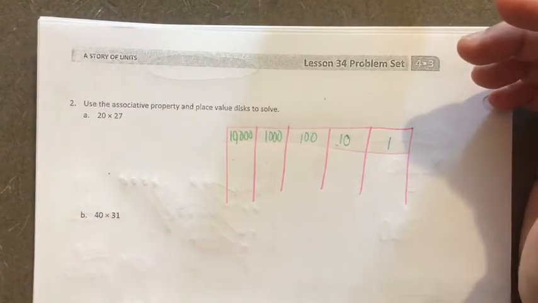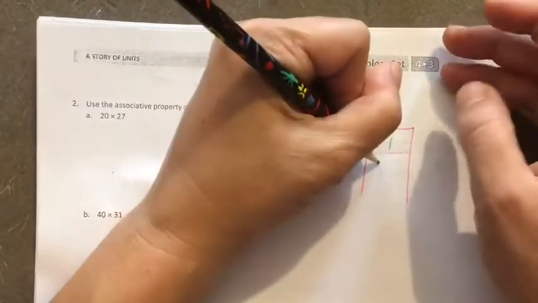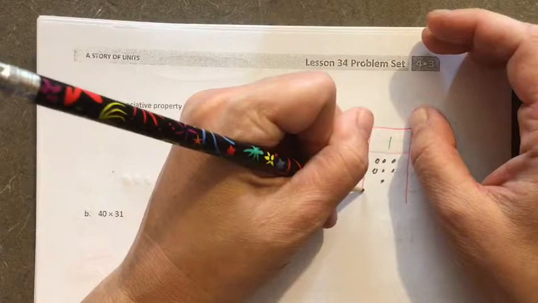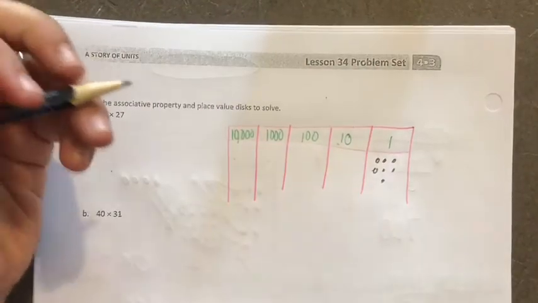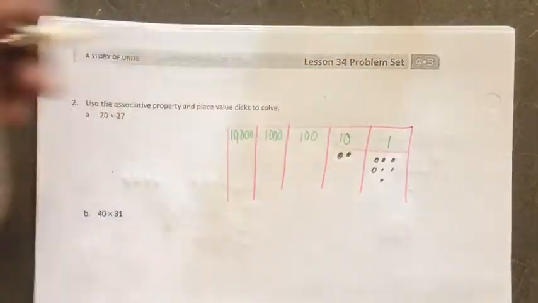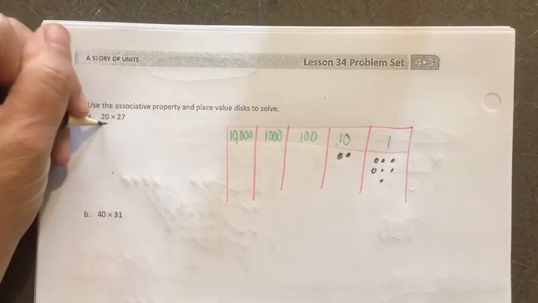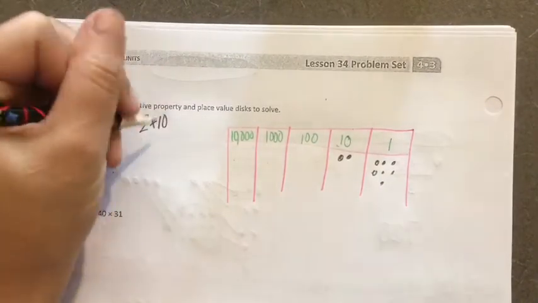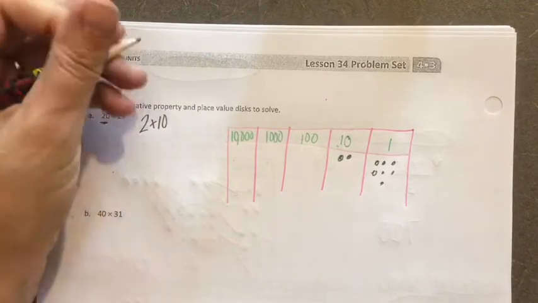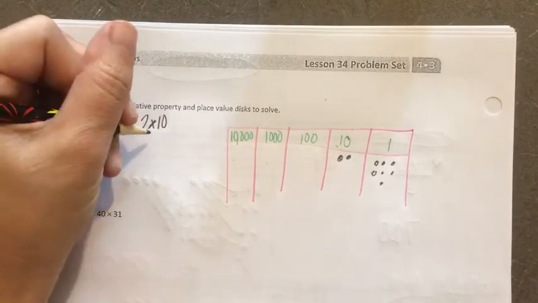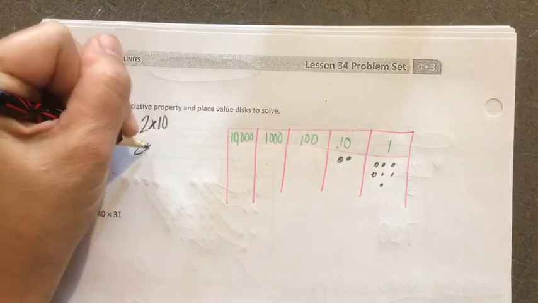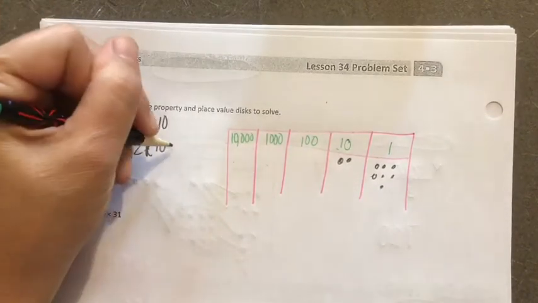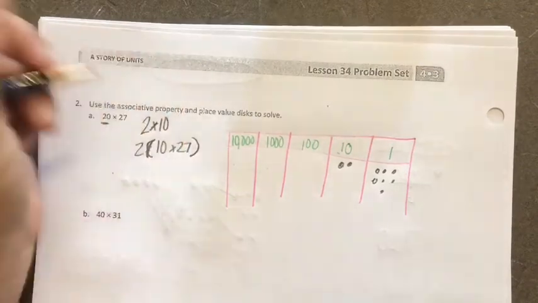All right, so I'm going to start off with 7 ones and 2 tens. Well, how many times am I going to move that over? So that is 2 times 10, or I could write it as 2 multiplied by 10 times 27.